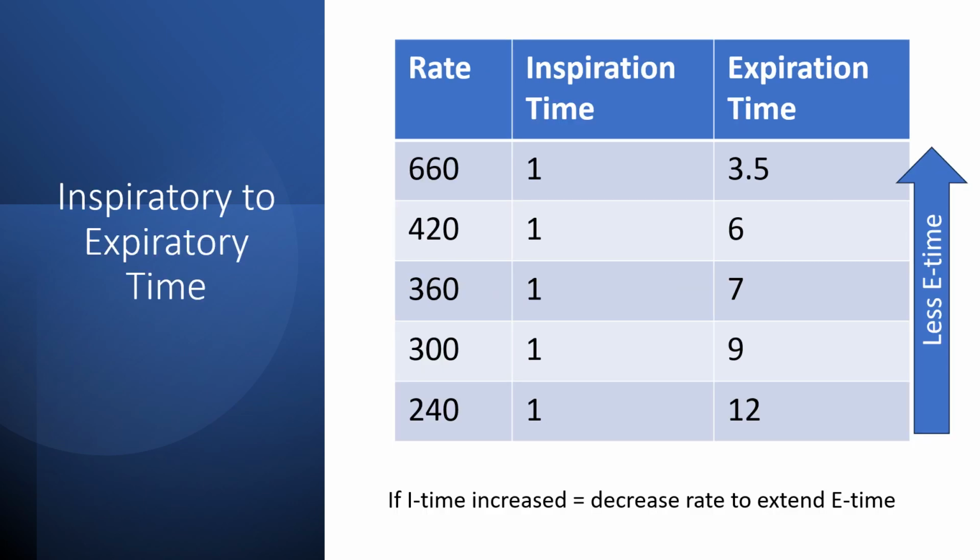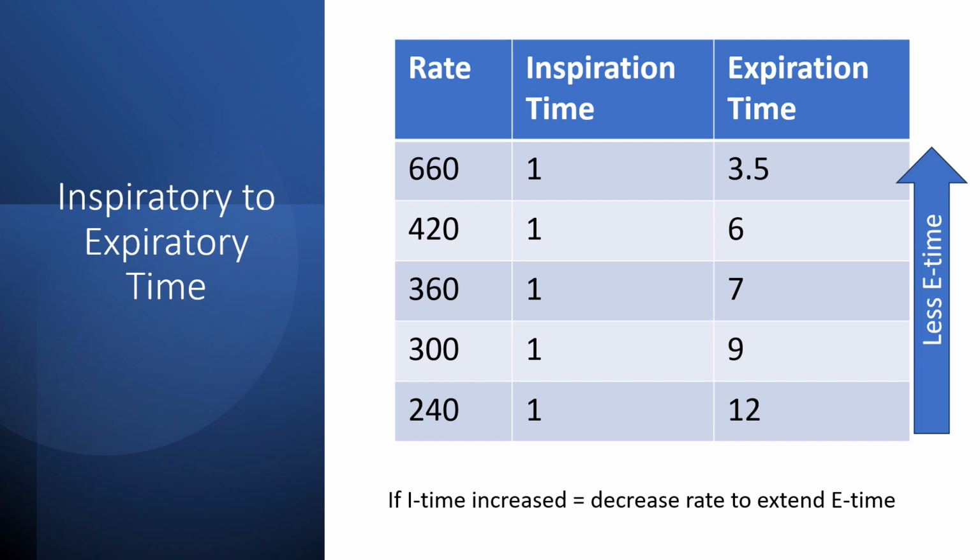The jet ventilator delivers respiratory rates ranging from 240 to 420 breaths per minute. The inspiratory time is set at a standard 0.02 seconds or 20 milliseconds, and should not be manipulated as it may lead to air trapping. If the inspiratory time is increased, the rate should be decreased to prevent air trapping.